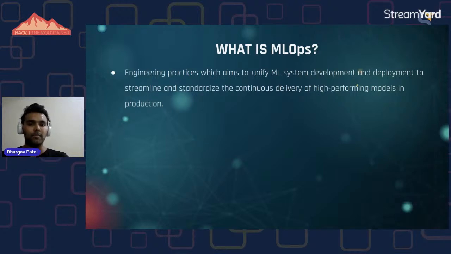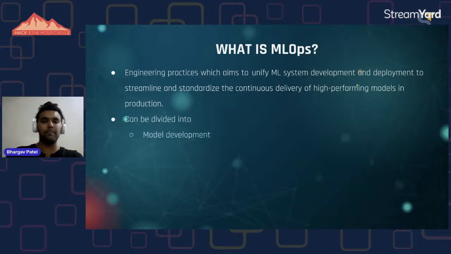In terms of MLOps, it's the engineering practices which aim to unify ML system development and deployment, not just productionizing, but developing a model and deploying a model, and make these practices streamlined and standardized so that things can go at a high performing level. There is no service downtime, and you can quickly run through all the components of the pipeline, right?